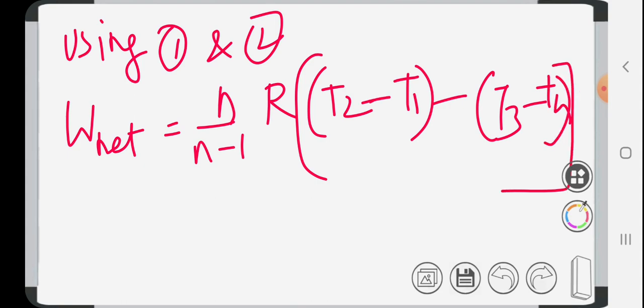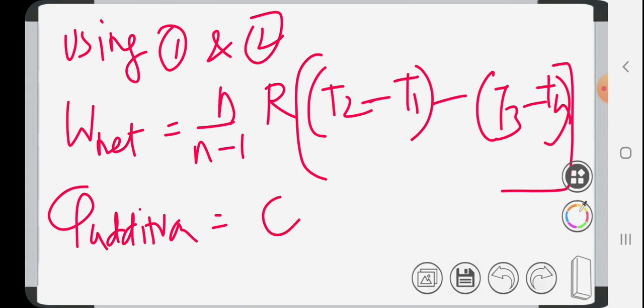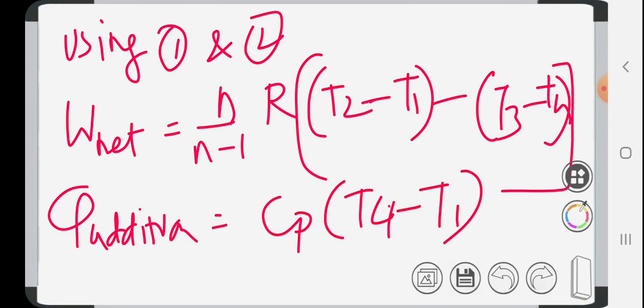So this is how you write network. Q addition is nothing but Cp (T4 minus T1).